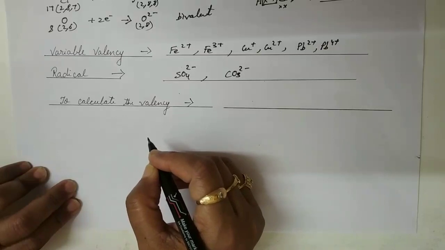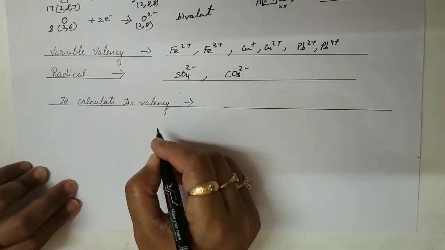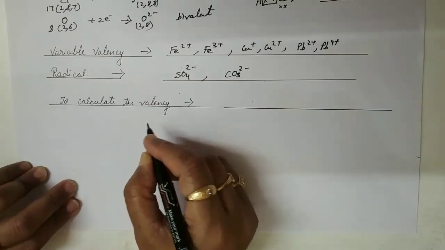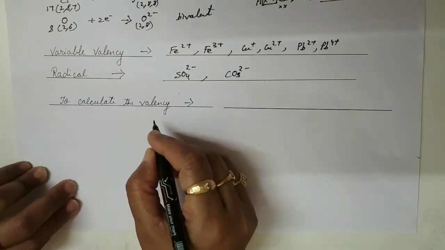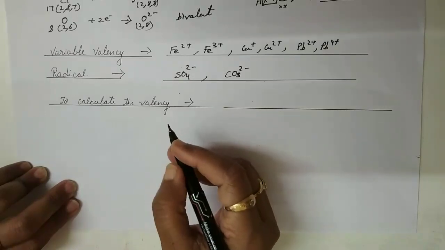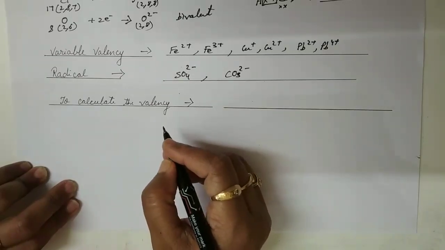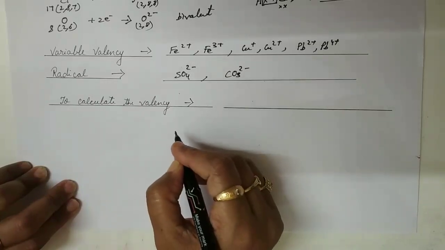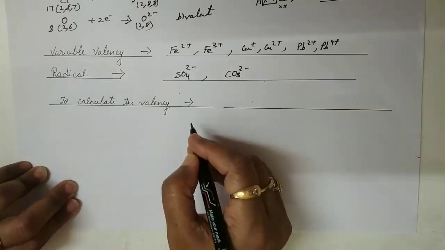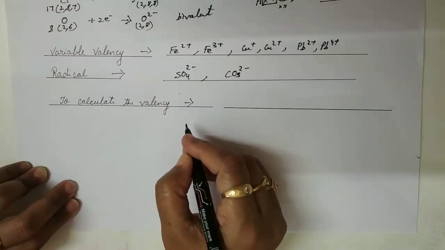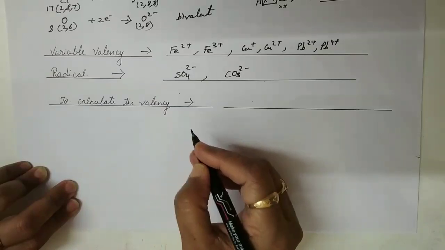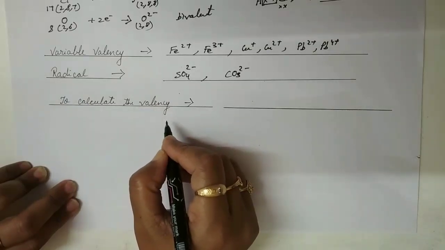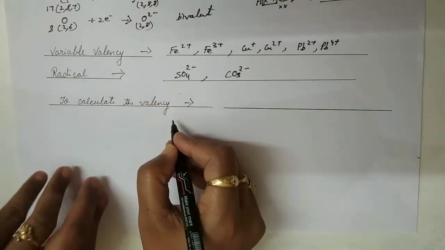And we make the compound's formula when we know the symbol of the radicals, when we know the valency as well, and by Criss-Cross method we write the formula of that compound. Suppose either the cation or the anion, one of them, the name is not there. Can you calculate the valency of that unknown radical? Yes.